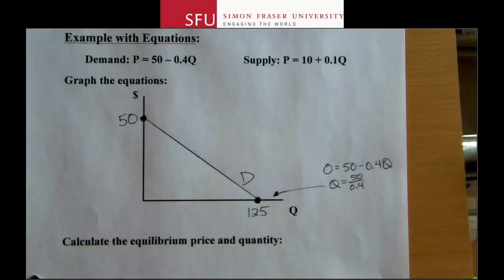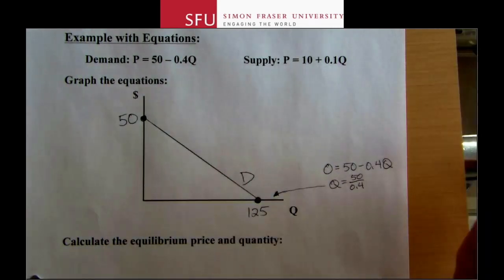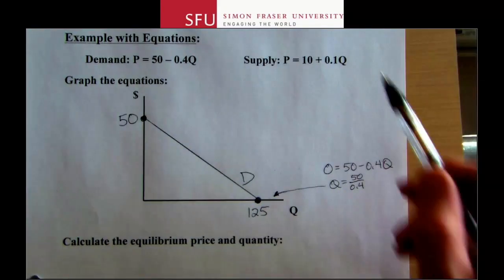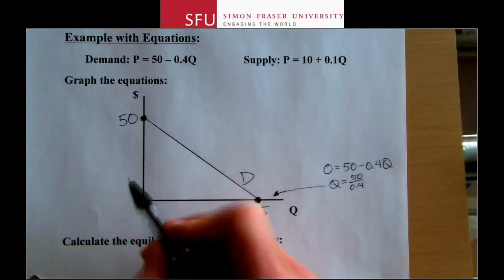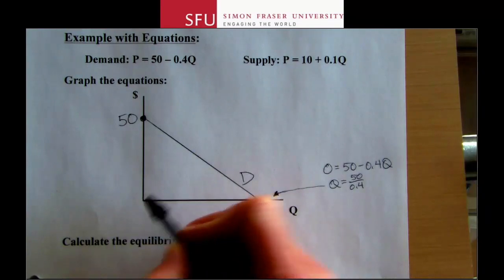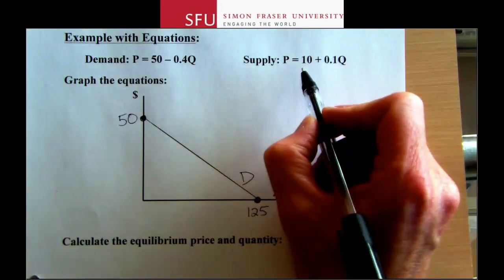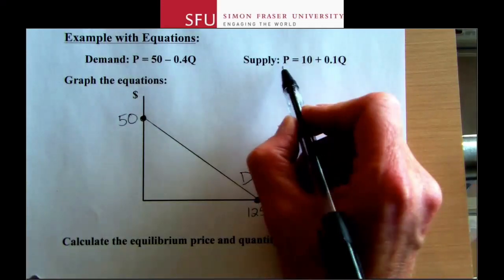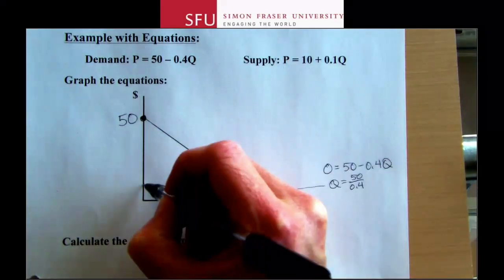Okay, so now the supply curve. The supply curve slopes up. But this one does not start at 0, 0. This one starts at $10 on the p-axis. So when the quantity is 0, the price is 10. So it will start at 10.